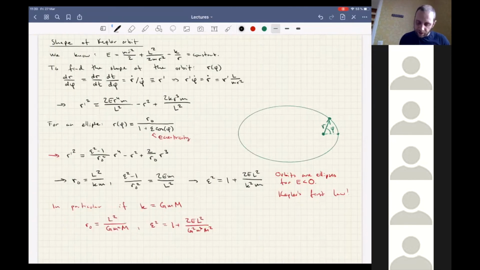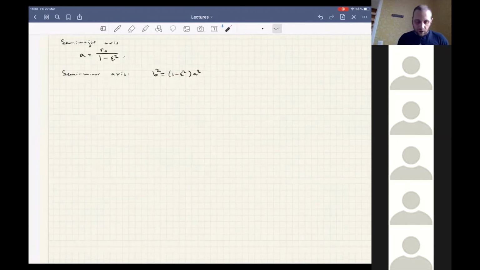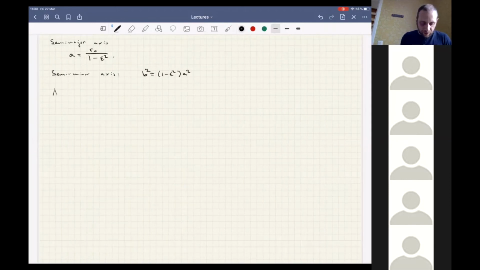And that, on the other hand, is this distance, the distance to the closest point, which means that the area of the ellipse is just pi times A times B. This is the area. And if I square the area, I get pi squared A squared B squared.